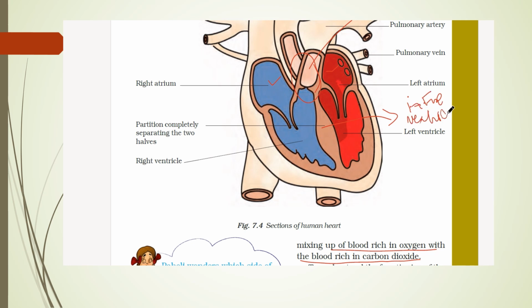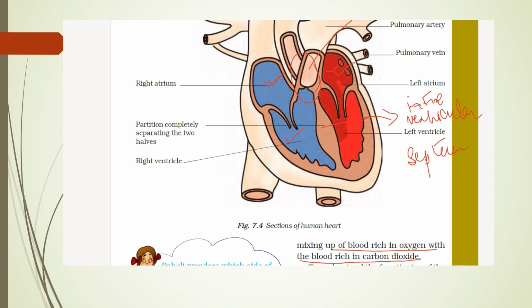So in between the ventricles, it is the intraventricular septum. In between the auricles, it is the intra-auricular septum. So they are dividing the auricles and the ventricles so that the mixing of the blood will not happen. So this is the right atrium, this is the left atrium, this is the right ventricle and this is the left ventricle.